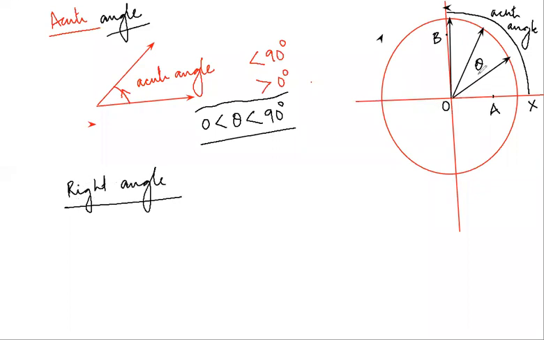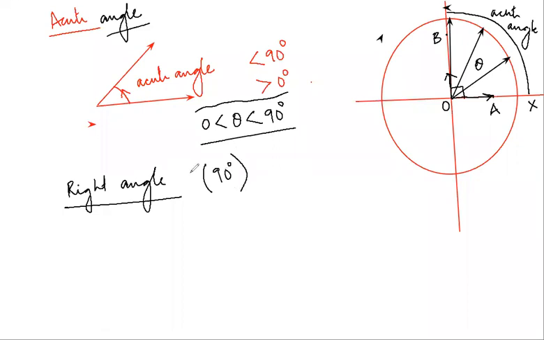One ray is on the x-axis, and the other ray touches exactly the y-axis. The angle so formed is known as a right angle. Students, this angle is always represented like a half square. Half square means it's a right angle. An angle which is 90 degree is known as a right angle.